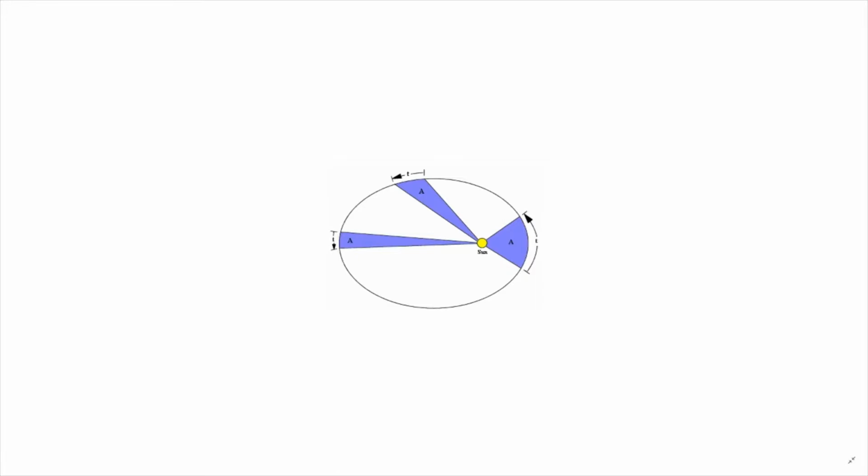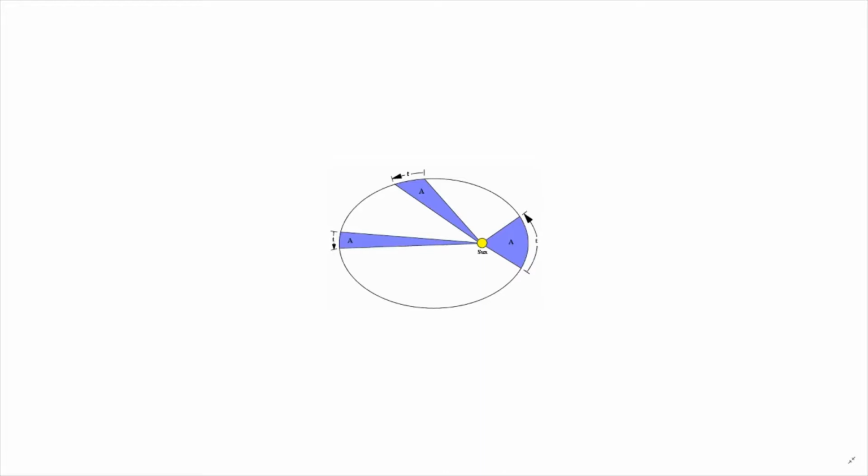For this example, we'll assume that no mass is lost during the orbit. However, even if the overall mass changes, the concept still holds true. So what this example shows, and what this law means, is that as the distance from the center of mass decreases, the orbiting object will speed up.